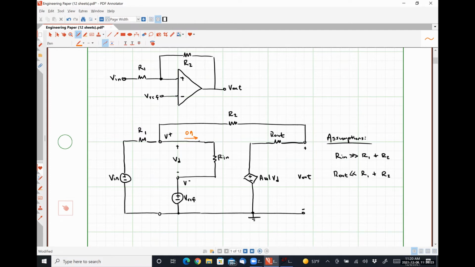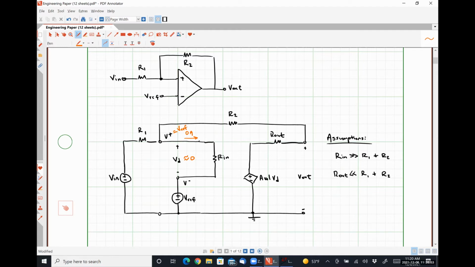So what that means is that if no current is flowing through this resistor, VD, our voltage, is approximately 0, which means V plus is essentially V reference. Okay.